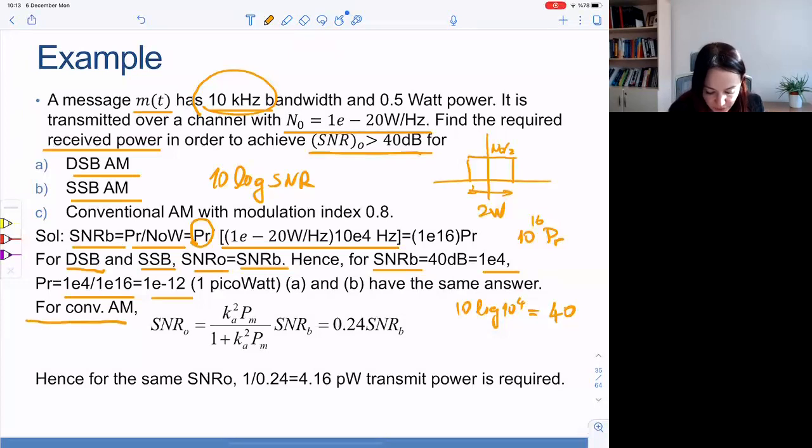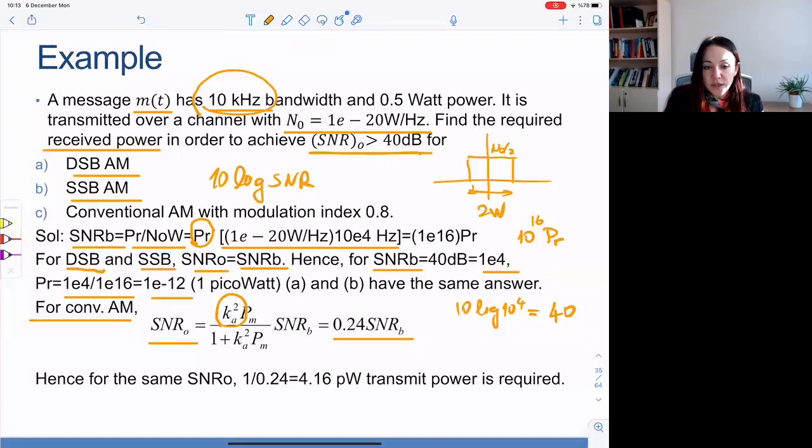Now for conventional AM, SNR_O is figure of merit times SNR_B, and figure of merit is like this. For K_a squared equal to 0.64, coming from the 0.8 K_a, we find that this is 0.24 times SNR_B. So the figure of merit is less than 25%.